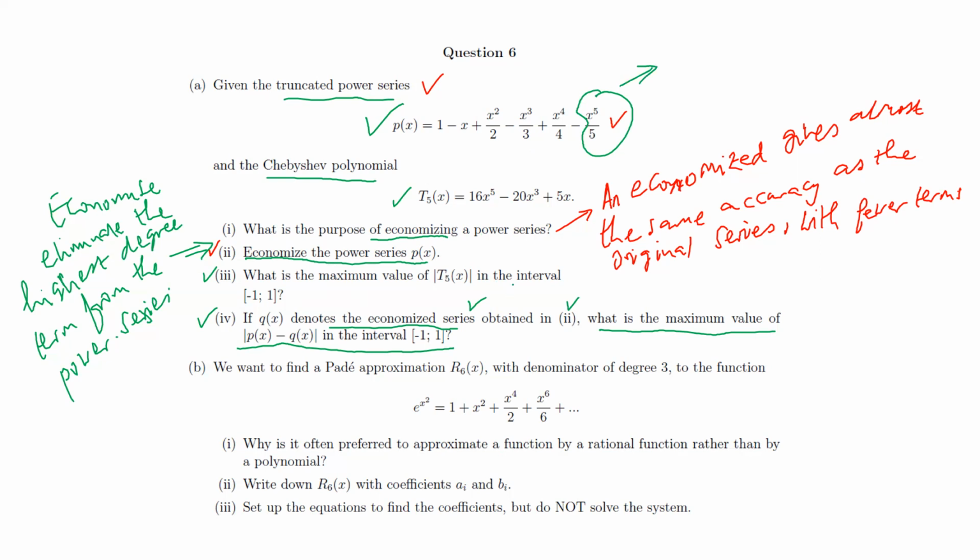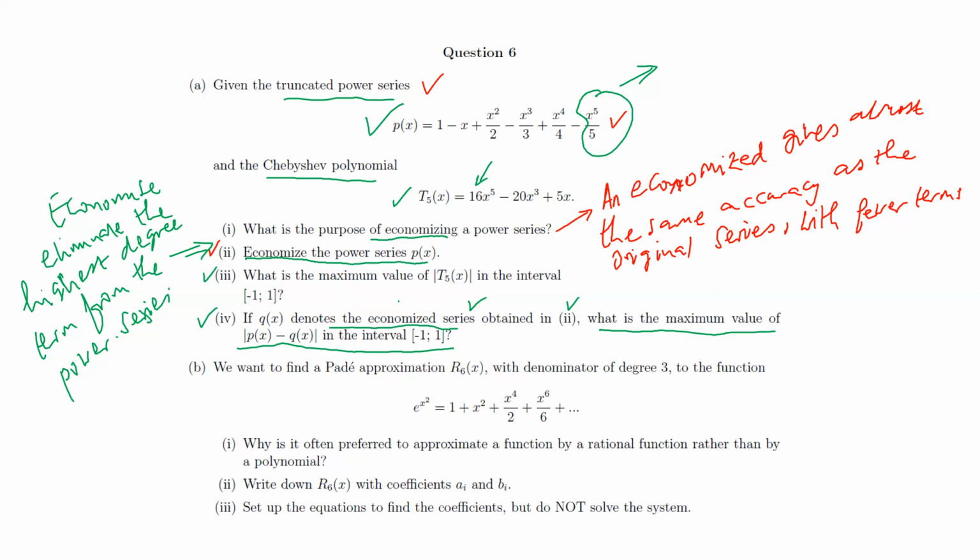But for us to take it away, we must have a Chebyshev polynomial that contains the same highest degree. Because the highest degree is 5. So what does economize mean? It is to eliminate, because it's algebraic elimination, like in simultaneous equations. We remove the highest degree.